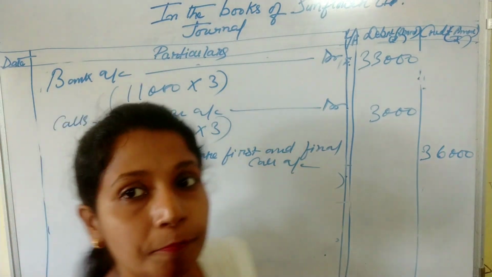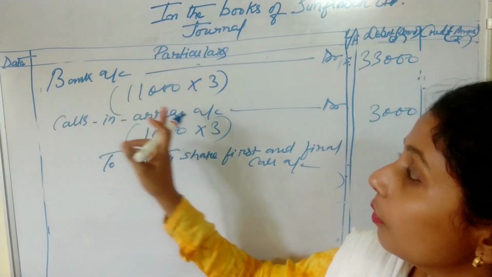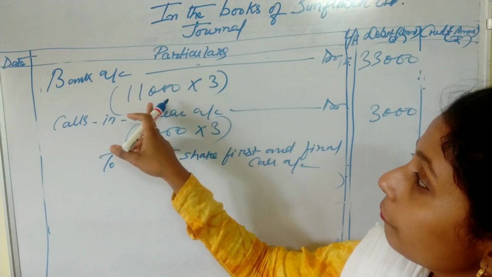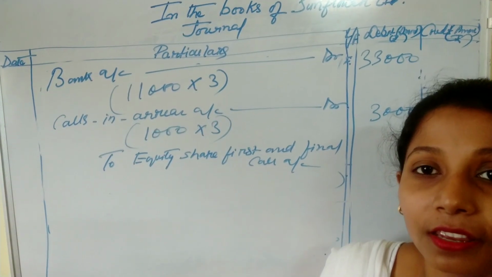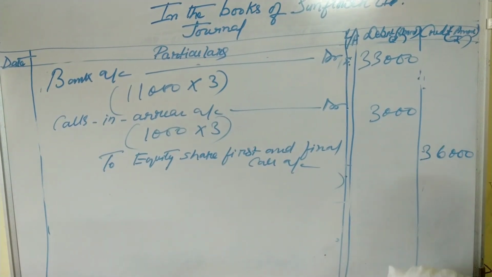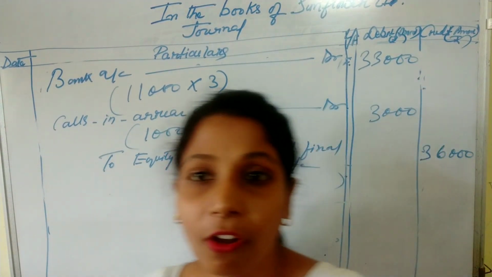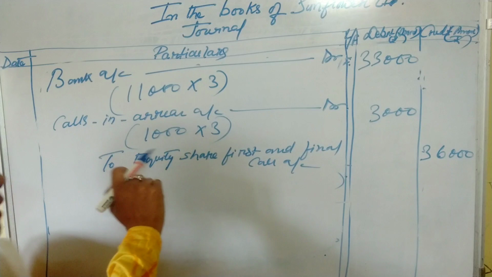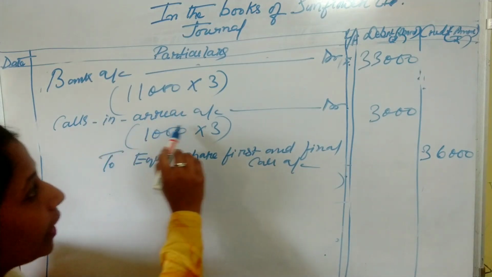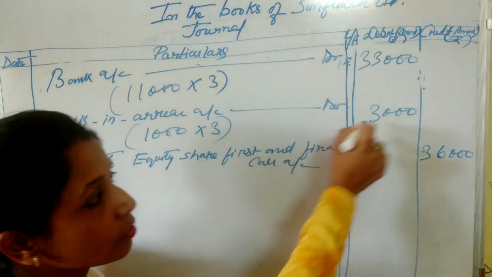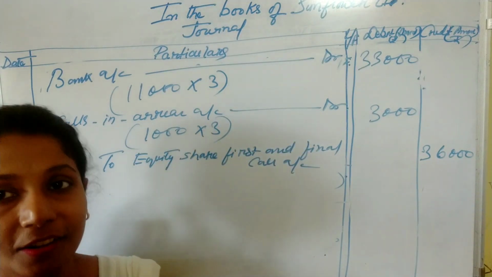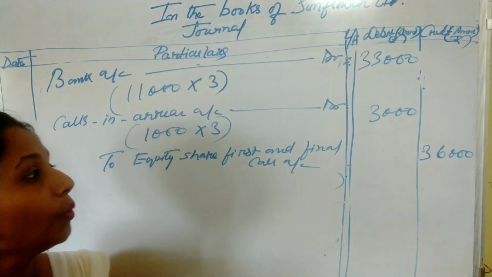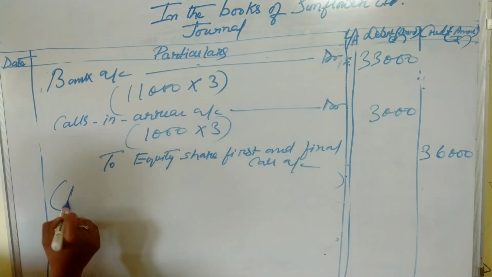In this entry we have received the amount of 11,000 shares and the 1,000 shares shareholders have not paid the first and final call money. So 1,000 shares is our calls in arrear, 1,000 multiplied by 3, that is 3,000. See, calls in arrear account is debited here. Now we will write the narration.